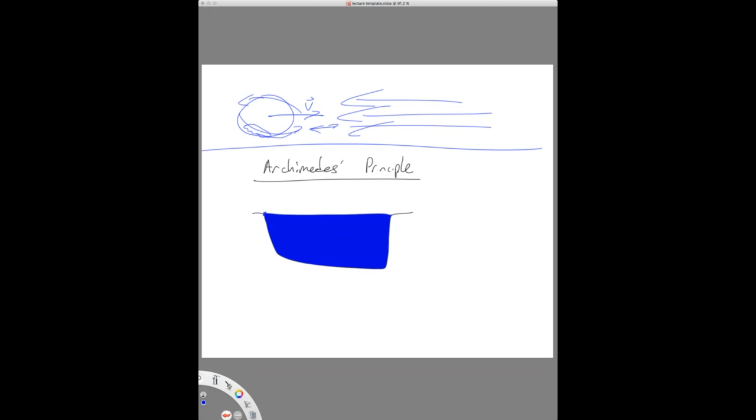And now he gets in the bath, and his body displaces some water.